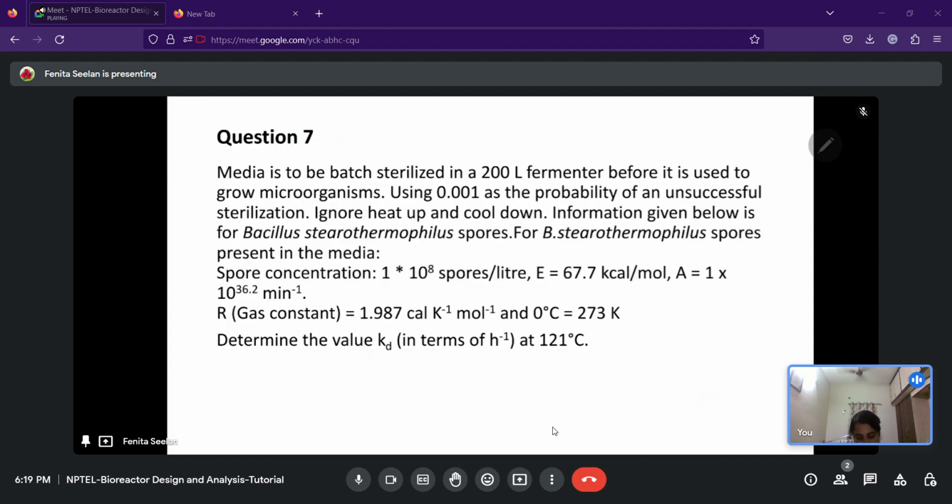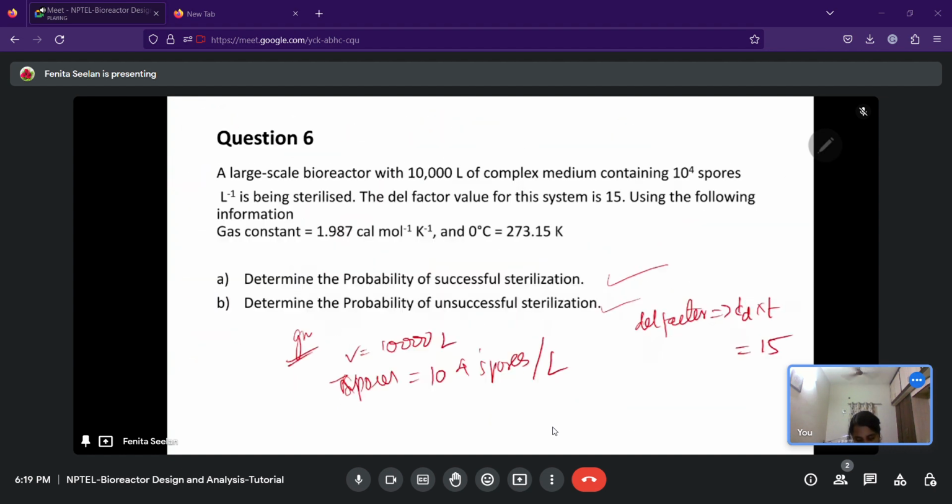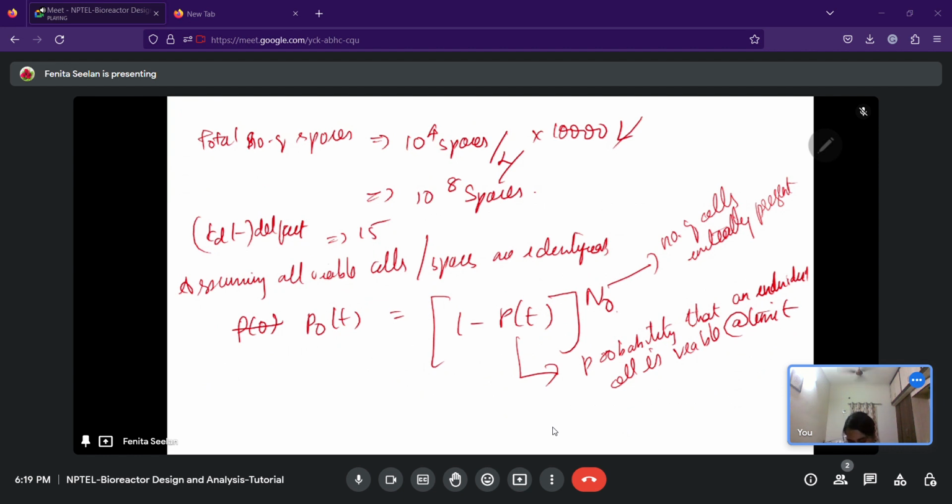So how do you calculate question B, which is the probability of unsuccessful sterilization? It is 1 minus your probability of successful sterilization, right? So 1 minus your P naught t is the unsuccessful sterilization.